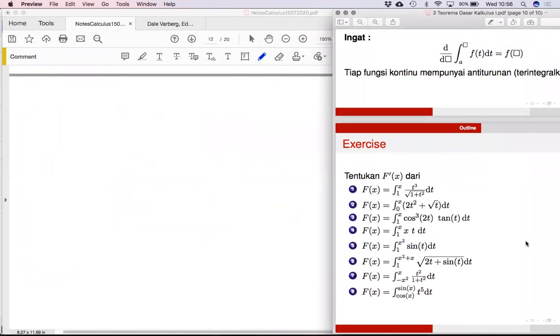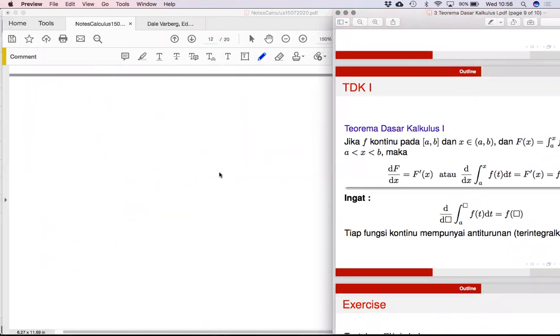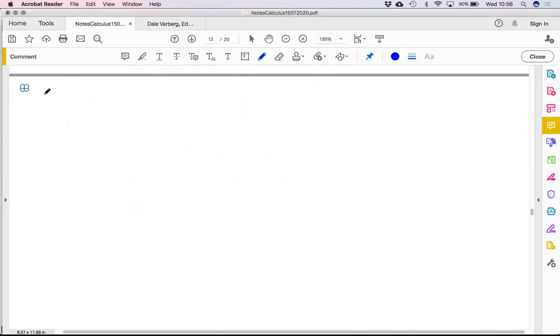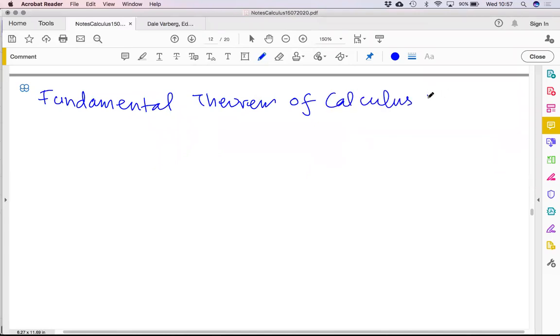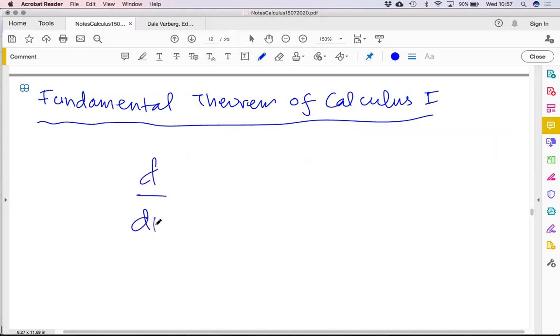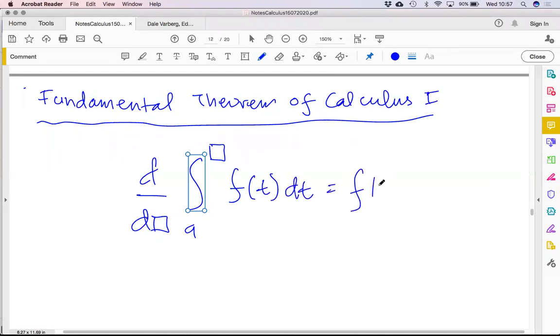So the first fundamental theorem of calculus, again, roughly says that the derivative of the integral from a until x of f(t) dt is equal to f(x). Yeah, let's see the example.